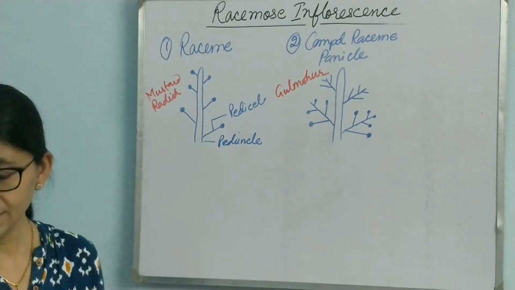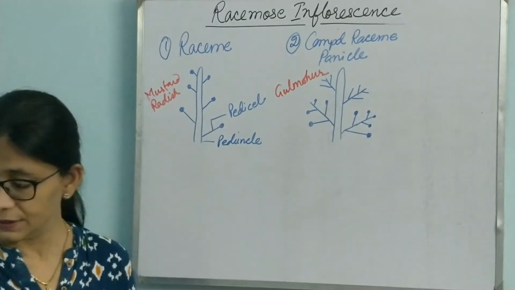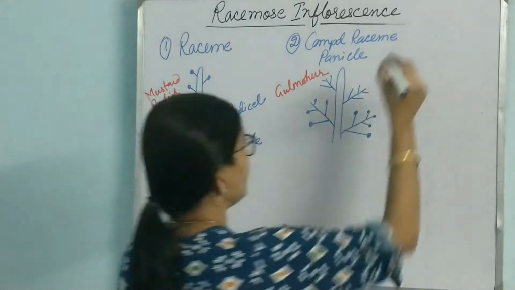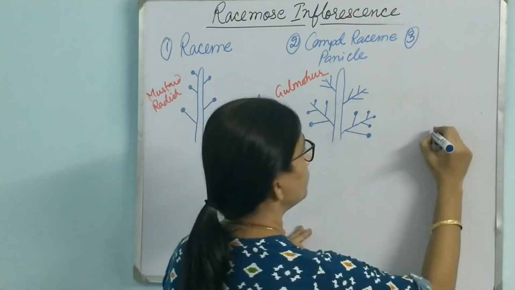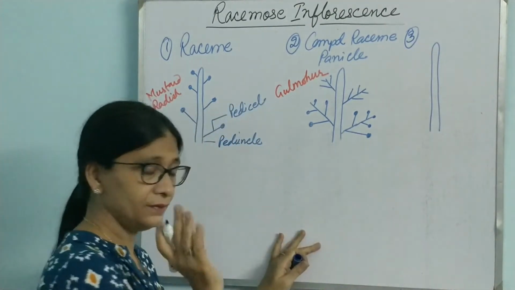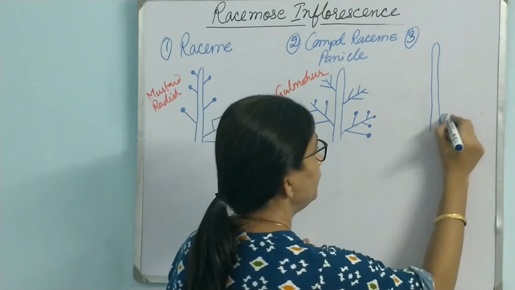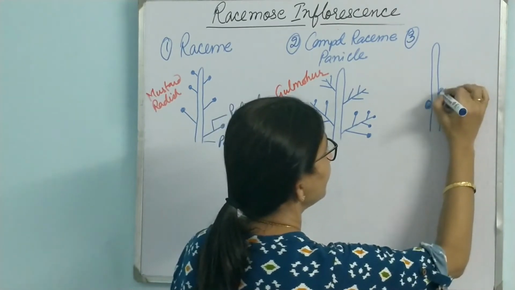Then the third type is known as spike. Again similar to raceme, but there is no stalk. That means flowers are growing on the peduncle itself.